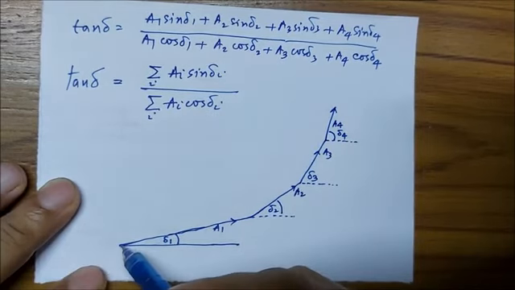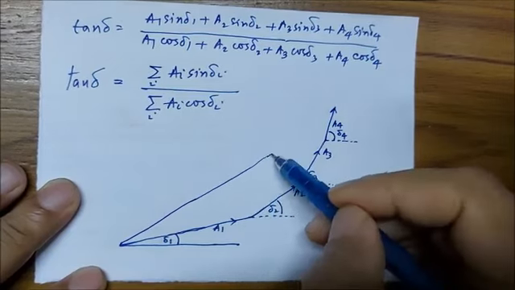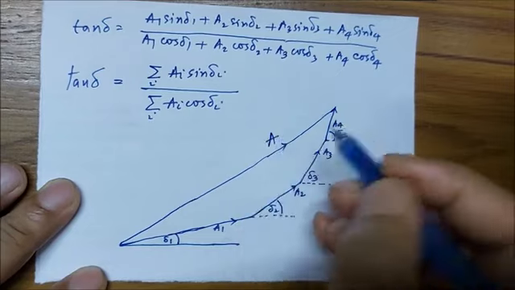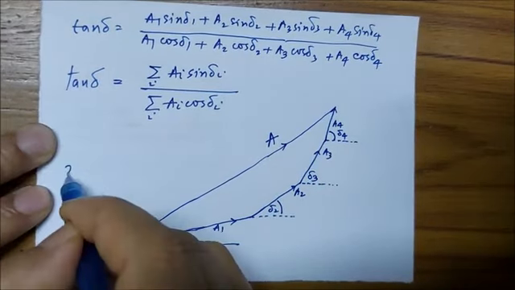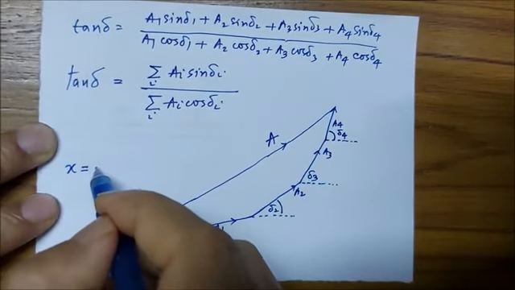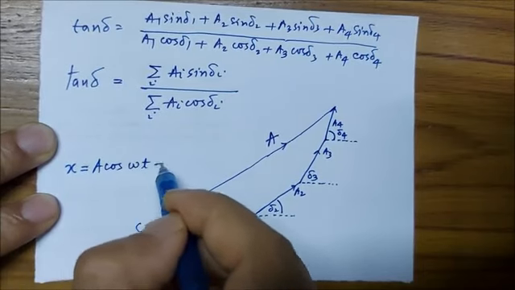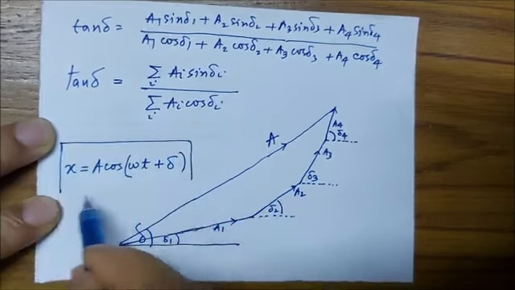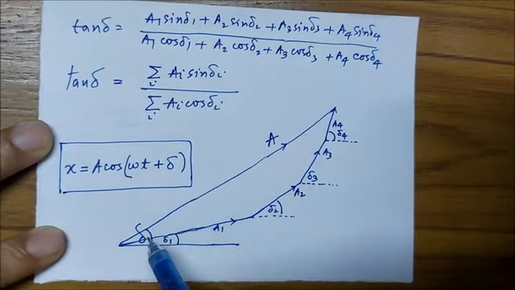And the resultant will be, so this is the resultant A, and this is the angle which A makes with omega t line. So the combined form of SHM is, this is A and this is delta of the resultant SHM.